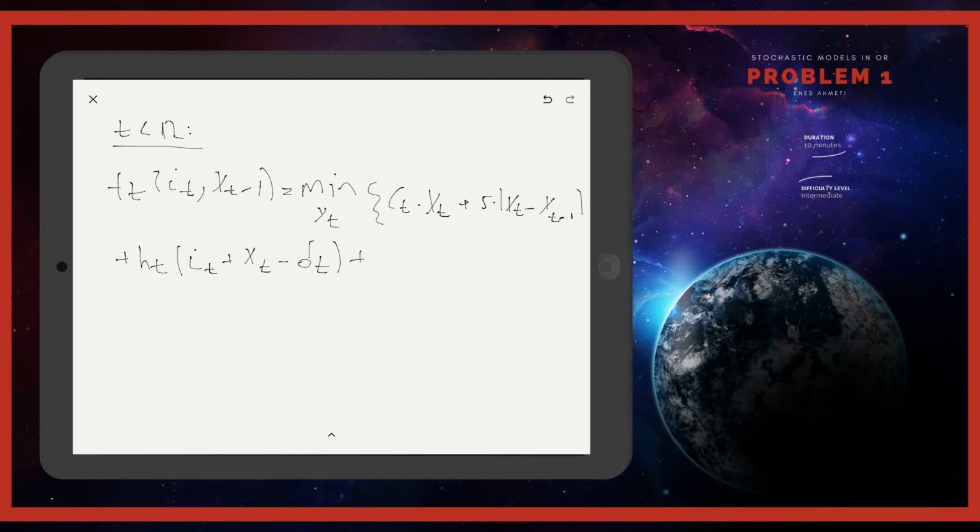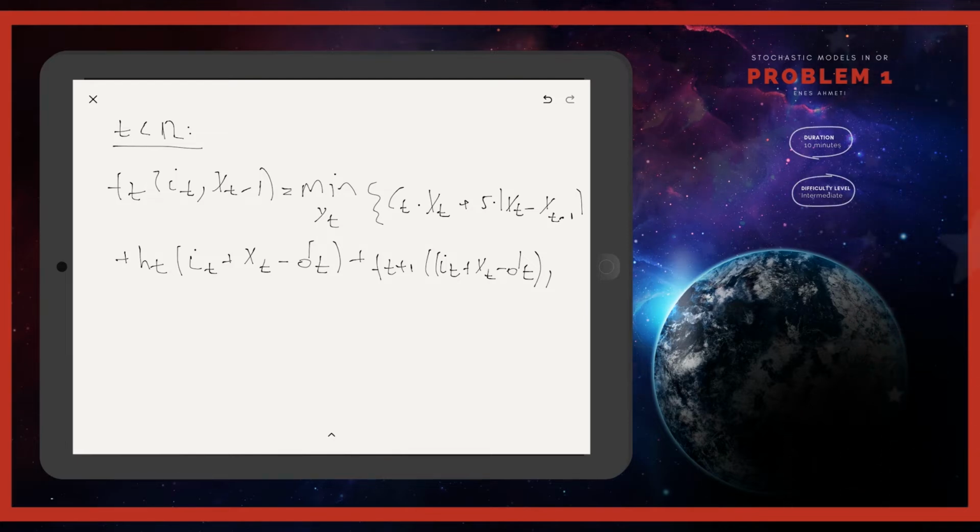How do I go to the next stage? I go to the next stage, FT plus 1. Again, it's pretty much the same idea, but now I need to carry this information of my states, right? So this is IT, the inventory level I have now, plus XT, the amount I produced, minus DT, which is the demand now. Put this into the parentheses. And what else do I need to know?